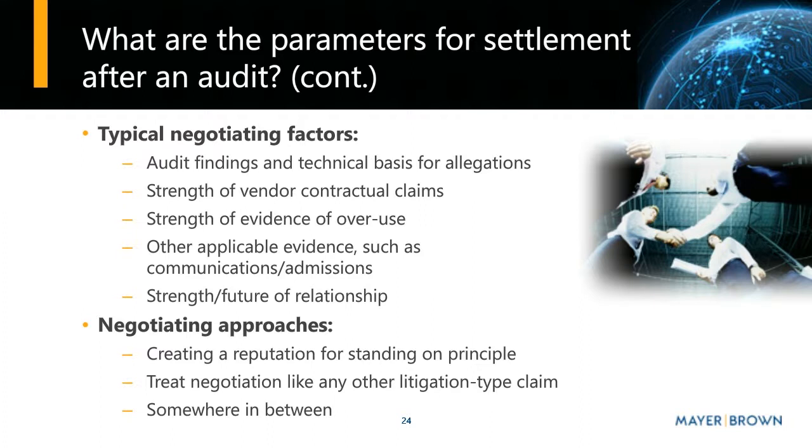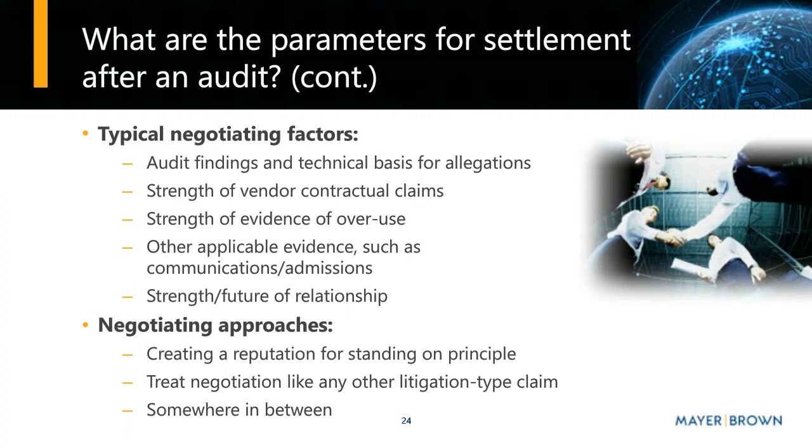And there's a lot of points in between on that, and we've seen clients, as the audit process goes along, really vacillating between wanting to stand on principle and wanting to just get it behind them. We think ultimately the getting behind you mantra tends to prevail in the end, which is probably better for everyone.